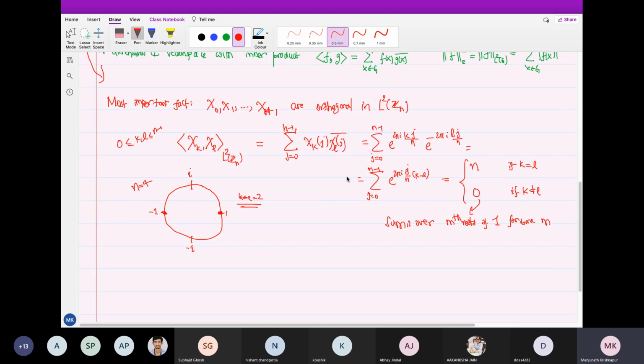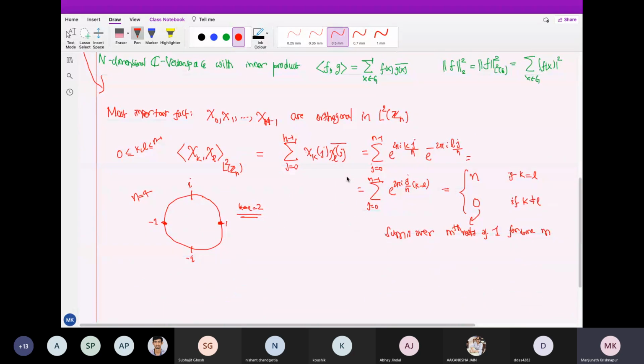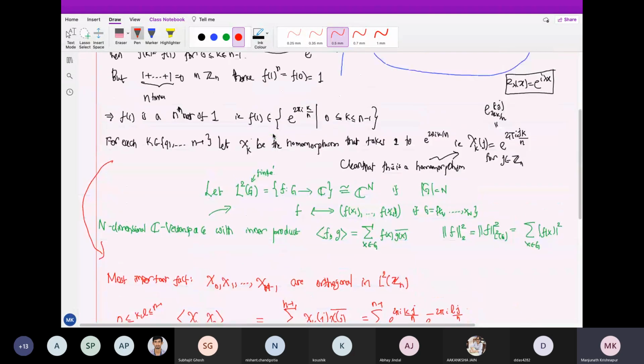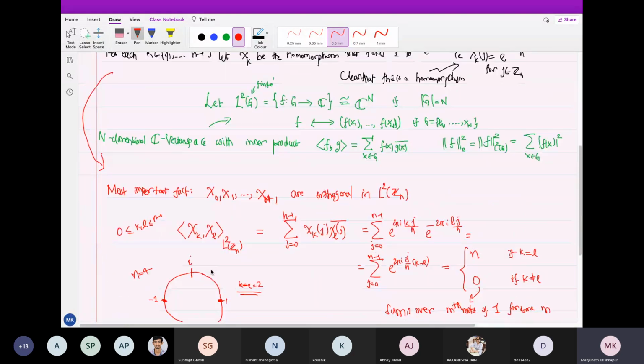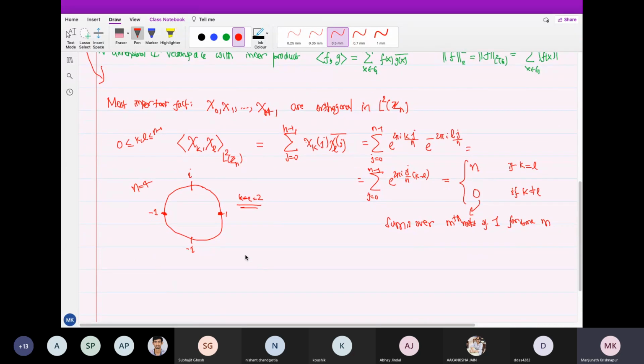So this is wonderful because this gives you an orthogonal set in L2 of Zn. Since there are n of them, and the dimension of this vector space is n, we have found n of them, so you actually get a basis. As a consequence, to make it an orthonormal basis, I don't want the norms to be n but 1.